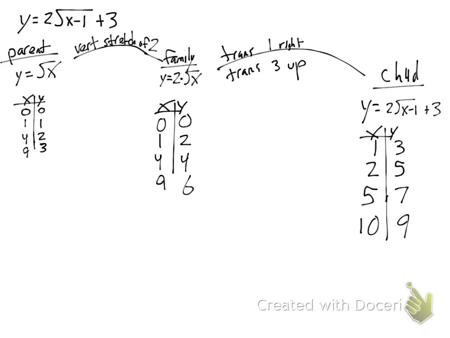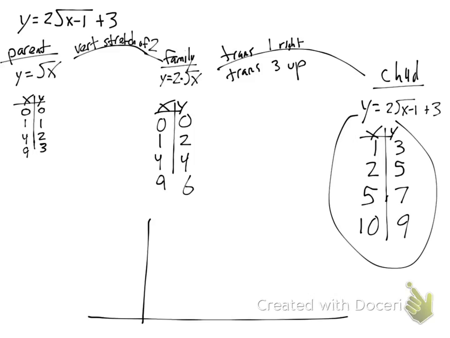So when we go to make a graph, because this is all we have to graph now, I have to go here and go 1, 2, 3, 4, 5, 6, 7, 8, 9, 10, and 1, 2, 3, 4, 5, 6, 7, 8, 9, 10. We'll go up 2. So 1, 3 is about there.